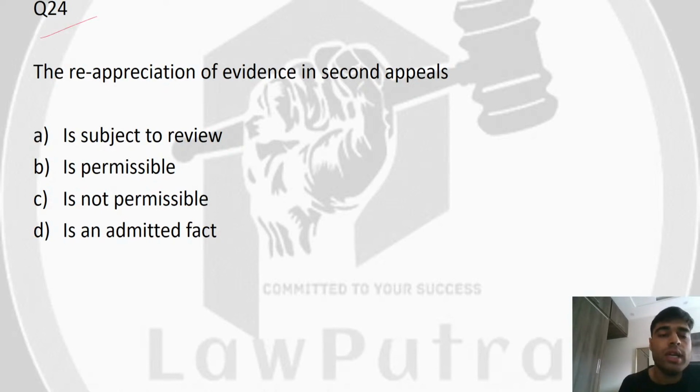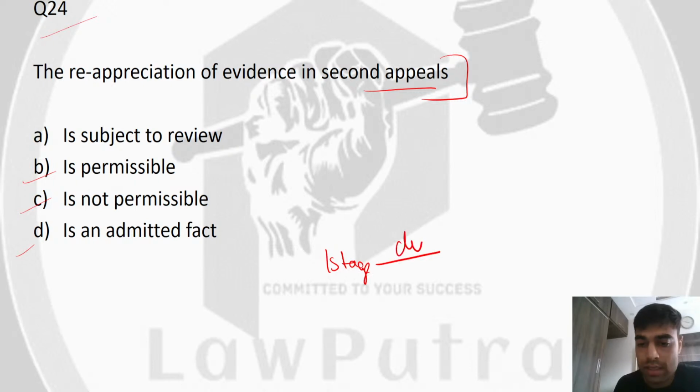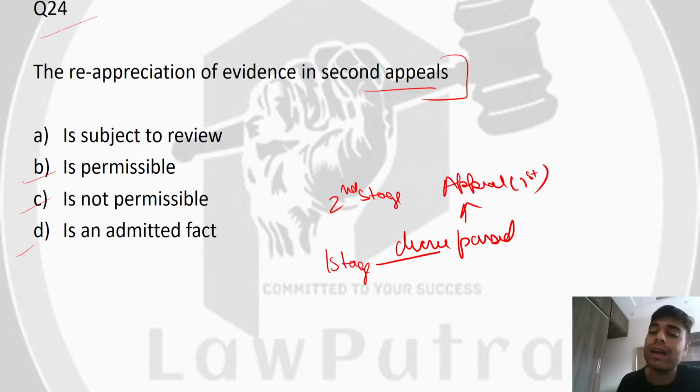Then 24, the reappraisal of evidence in second appeal, okay, is subject to review, is permissible, is not permissible, is an admitted fact. Now see, there is a first stage in which a decree was passed. ठीक है, सो डिक्री पास्ड, then you can file an appeal, okay, which is the second stage. Yagi appeal or first appeal. Then against this also a second appeal lies.